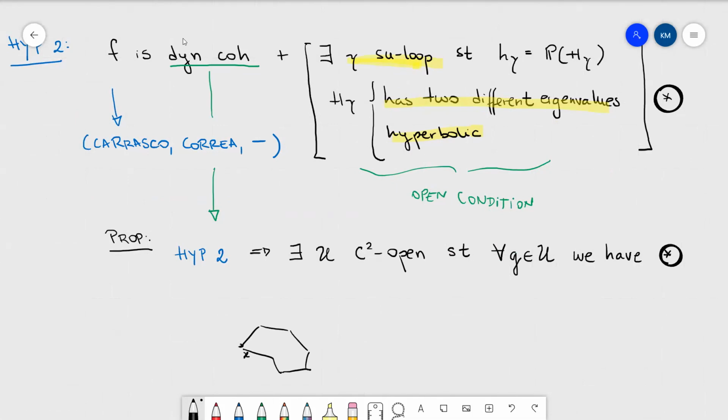So the fact that dynamical coherence is helping is because there is a relation between, I'm not going to give the precise definition of dynamical coherence, I'm just going to say that this implies that you have center leaves that are tangent to the center bundle. So there is a relation between the holonomies in the center leaves with this map here.